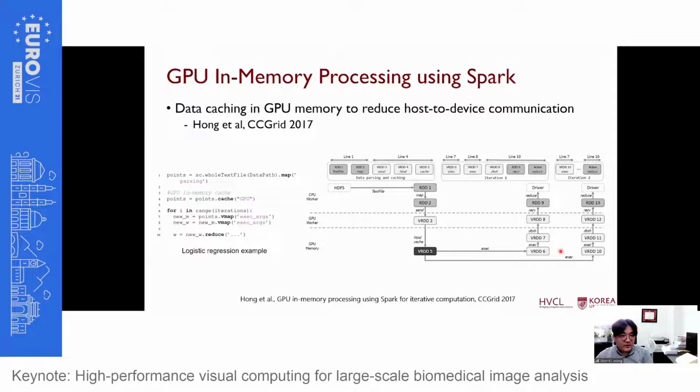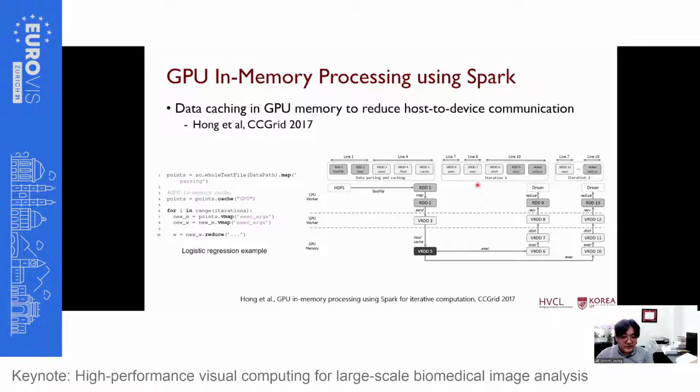So next, what we did is propose a much faster, lighter system that leverages GPU in-memory processing. Spark uses in-memory processing on the CPU side. We propose GPU-side in-memory processing when we use Spark, which means once the data is loaded on the GPU side, it can be reused multiple times on the GPU without going back and forth between CPU and GPU. That's the main idea.